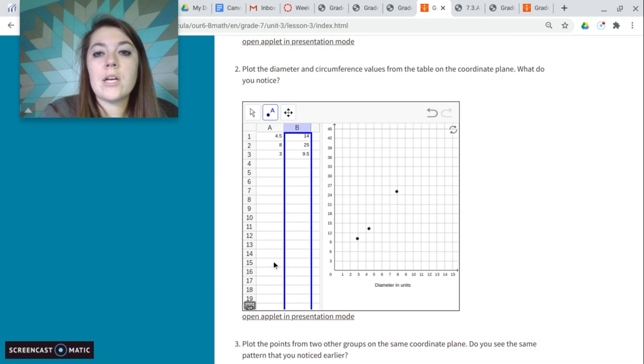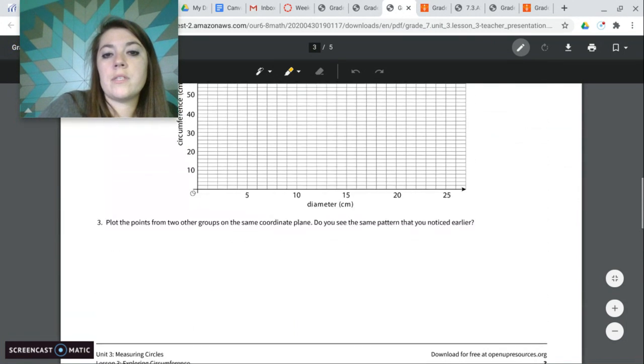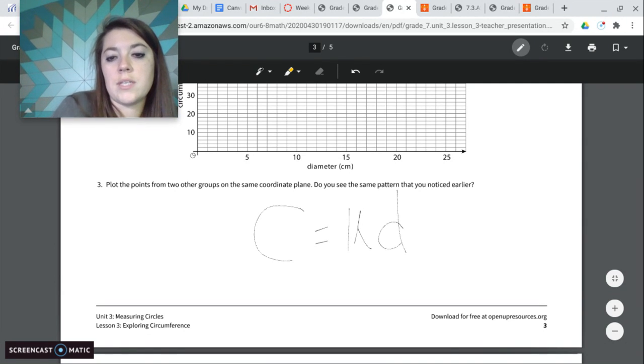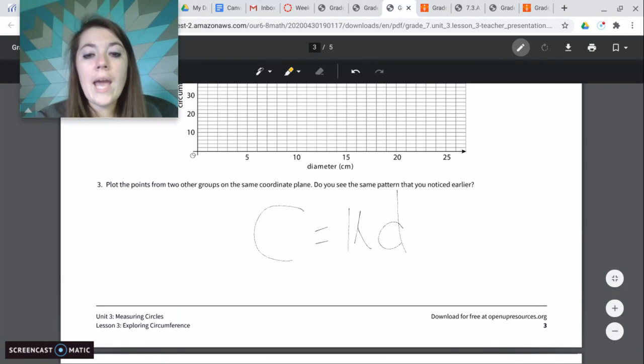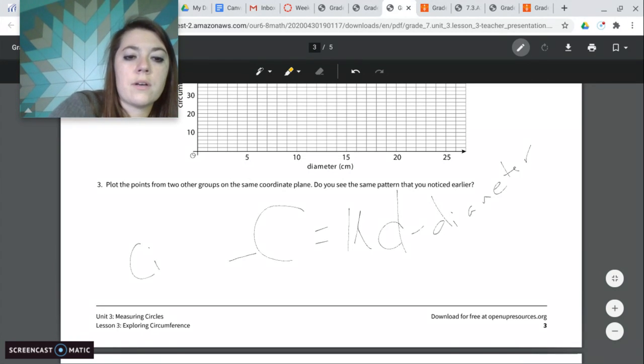So for finding circumference, I'm going to tell you guys, it's in the form C equals K times D, where K is a constant, C represents the circumference, and D is the diameter. So this is the diameter. This is our circumference.